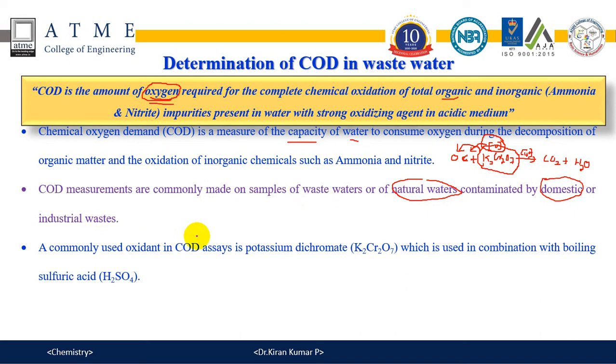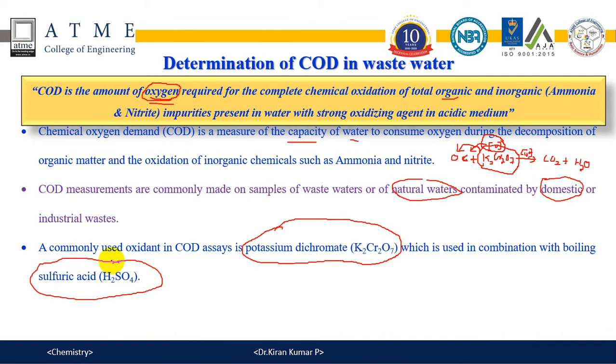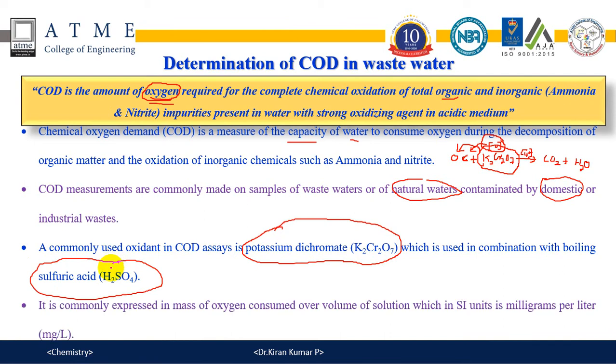So generally in the estimation of COD, we use the strong oxidizing agent such as K2Cr2O7 in presence of sulfuric acid as an acidic medium. COD is commonly expressed in terms of milligrams of oxygen per liter.